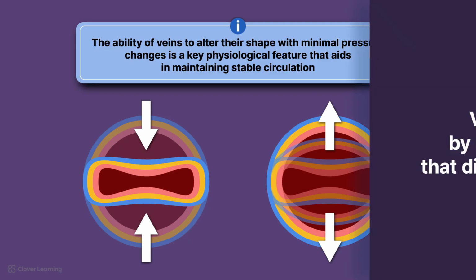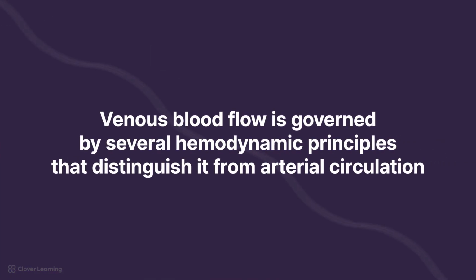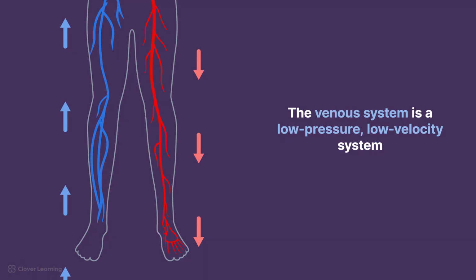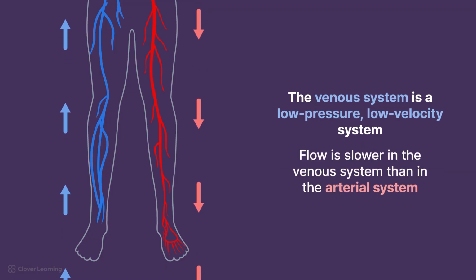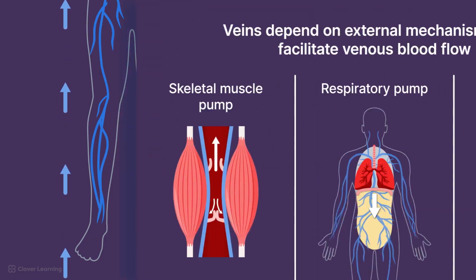Venous blood flow is governed by several hemodynamic principles that distinguish it from arterial circulation. First, the venous system is a low-pressure, low-velocity system. Because veins transport blood under lower pressure, flow is slower in the venous system than it is in the arterial system.